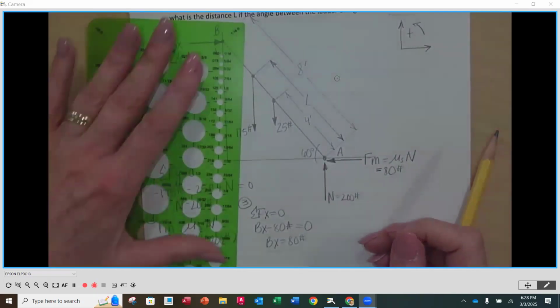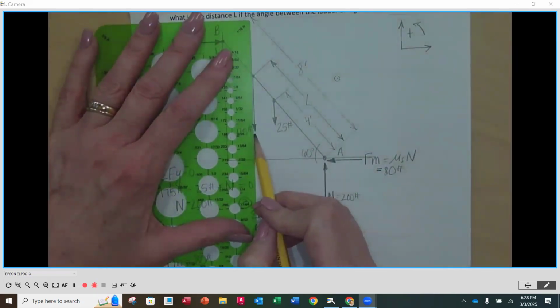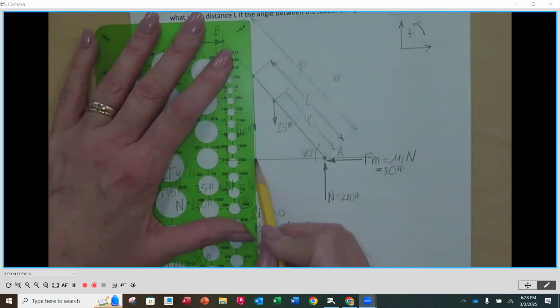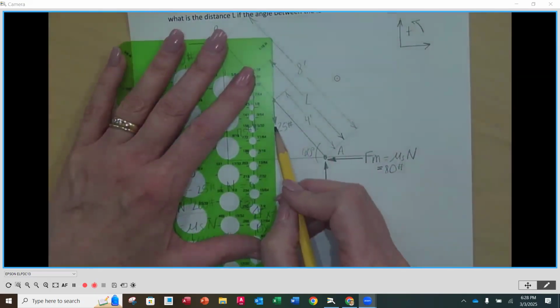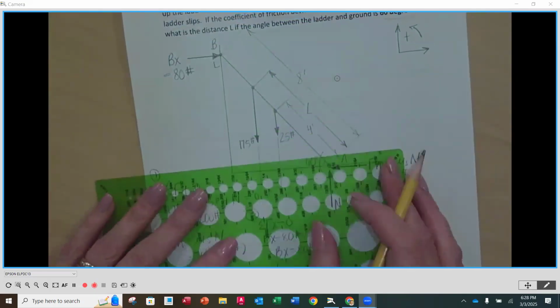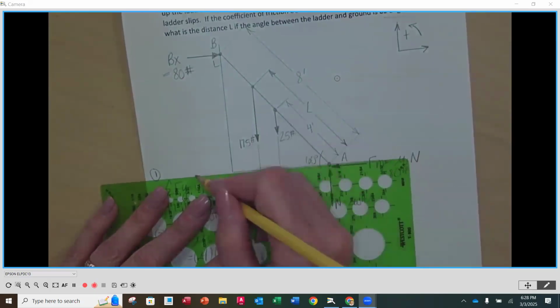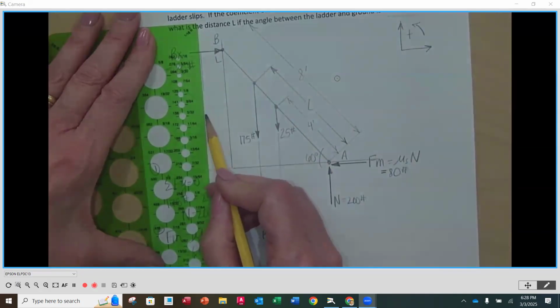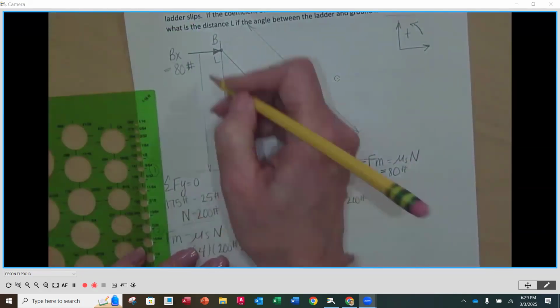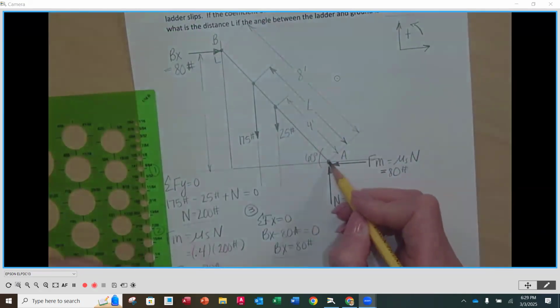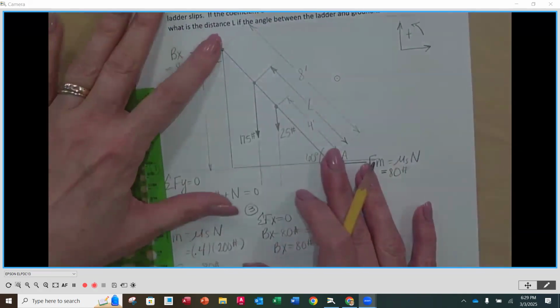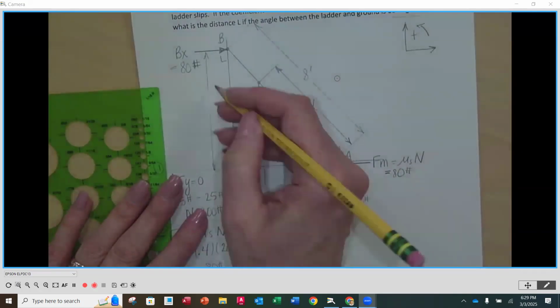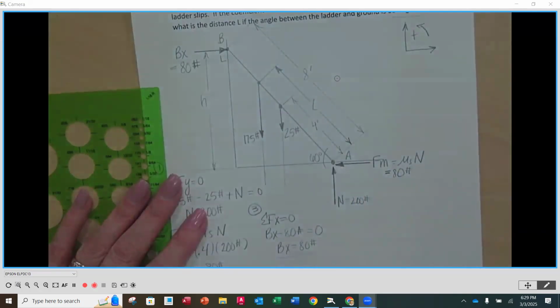But, if I kind of go down here, right? And if I go down here, and if I find a perpendicular distance from here to here, I can now find this. So if I sum my moments around A, I need the perpendicular distance to any offset forces causing rotation. The first one will be Bx. We're going to call this H for height, okay?